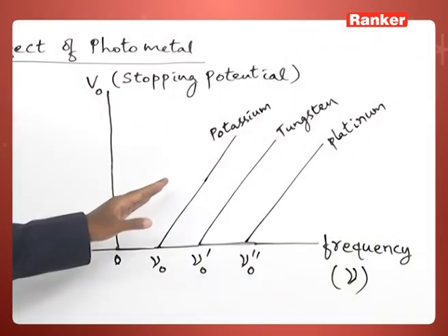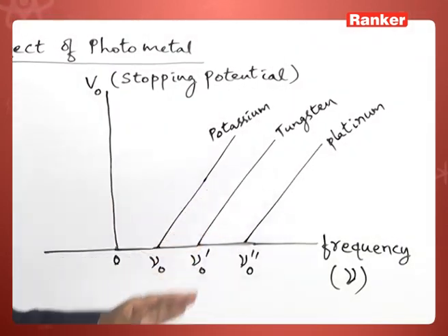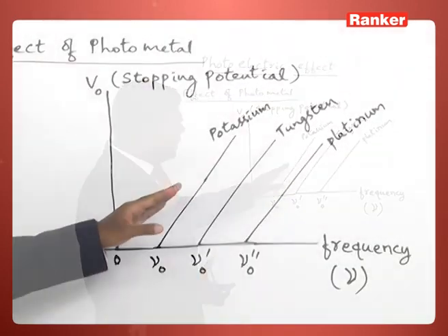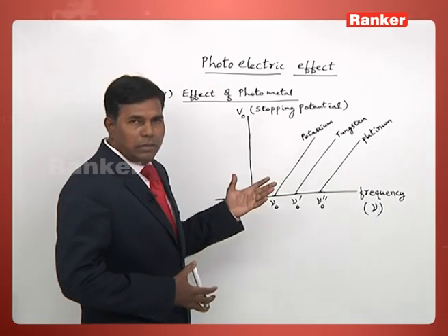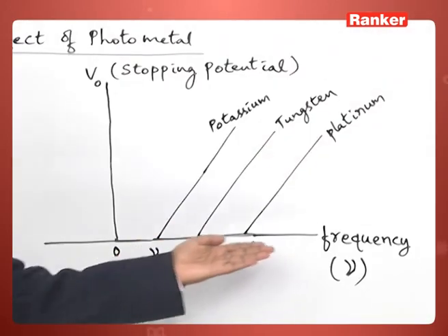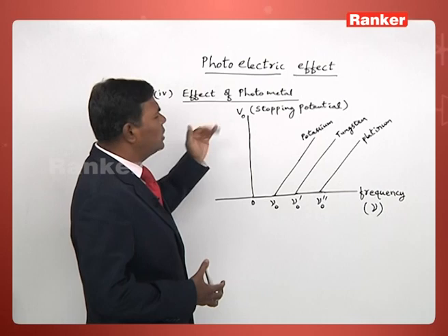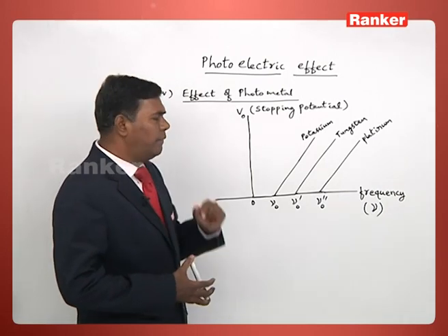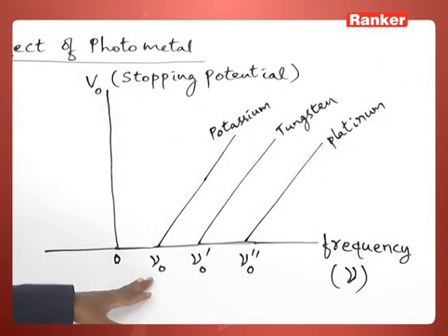You can see the graphs for various metals. All of them have the same slope, and the relation is also the same, that is, when frequency increases, the stopping potential also increases. The only difference comes in threshold frequency.